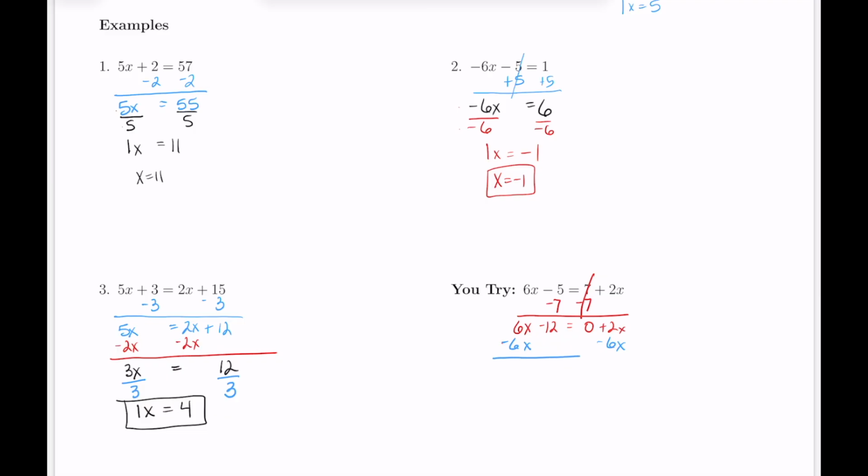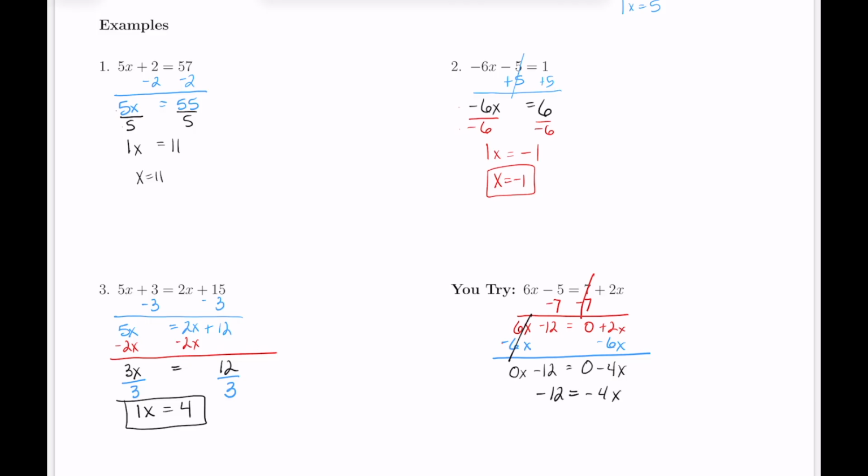Now, is this the way that I would always do it? Probably not. I like to make my addition and subtraction a little easier than this. But those do combine to be 0x minus 12 equals 0. And then 2x minus 6x is negative 4x. When we clean these up, I have negative 12 equals negative 4x.